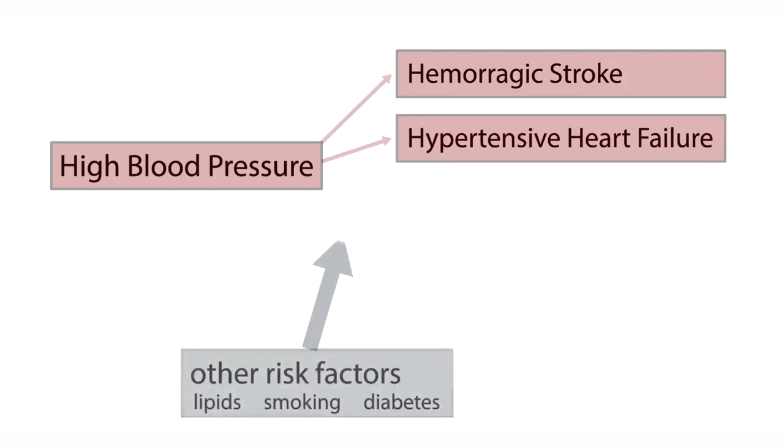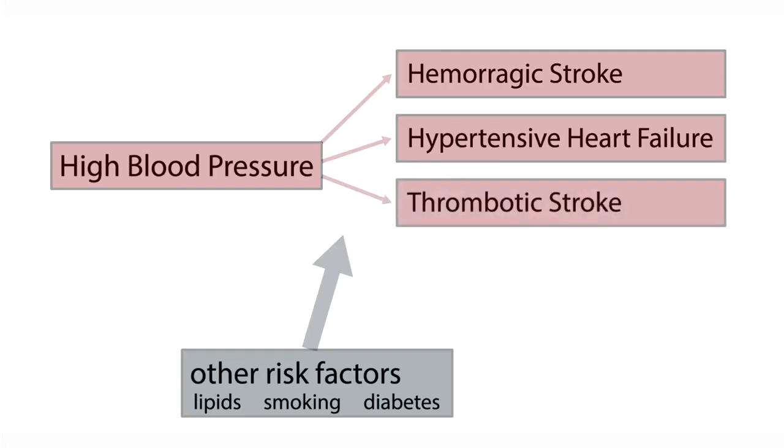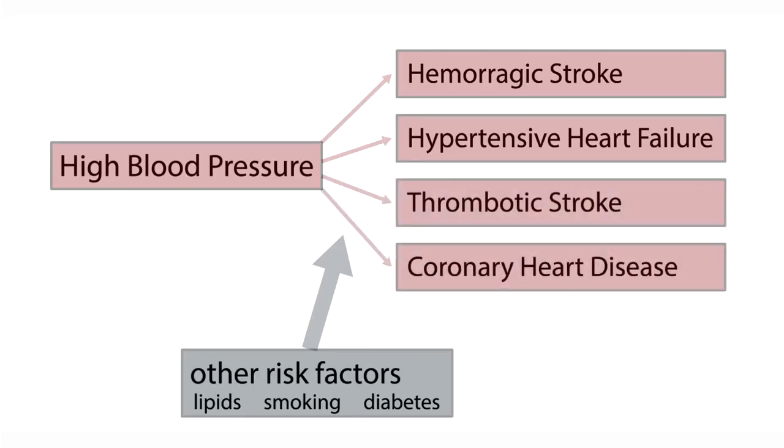However, as other risk factors are added in the population, like for example, increased blood lipids because of abnormal blood fats going up due to unhealthy fat intake, or smoking or diabetes, the clotting tendency in the blood increases, and the same uncontrolled high blood pressure now results in a clotting stroke and coronary heart disease or blockages in the blood vessels of the heart.